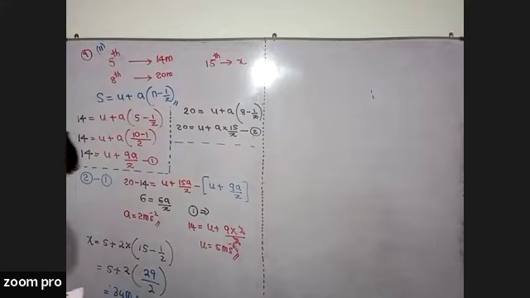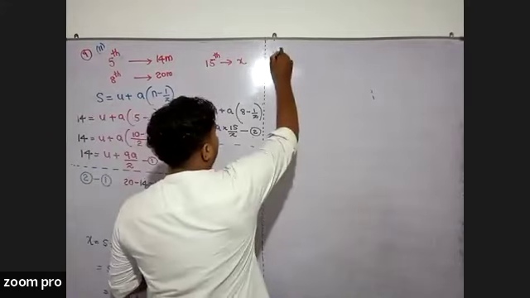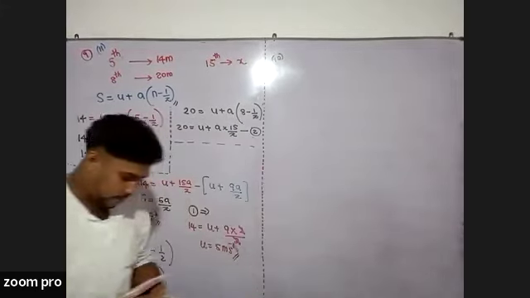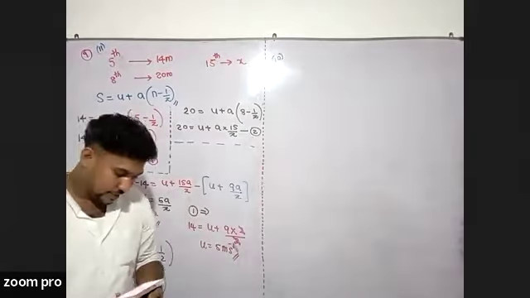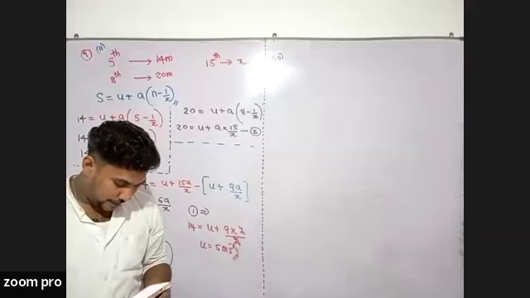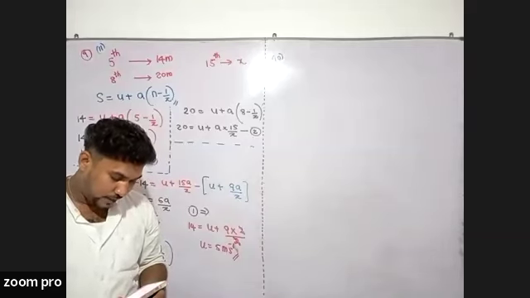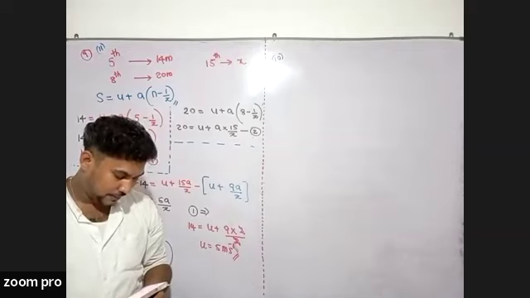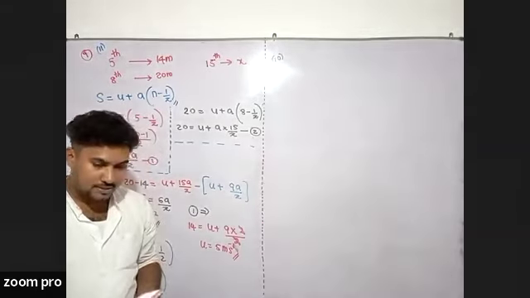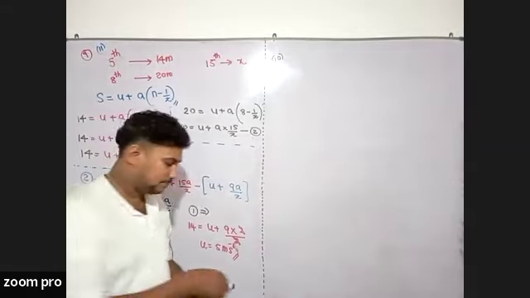So in the 10th question, a 150-meter long train entered a 300-meter long railway platform with 40 ms minus 1 velocity. The train passed the platform with 50 ms minus 1 velocity. The acceleration of the train, right?